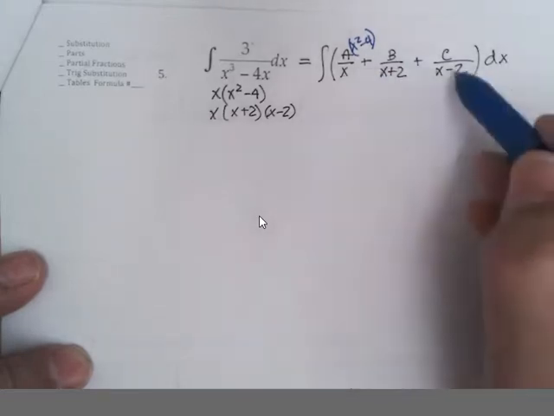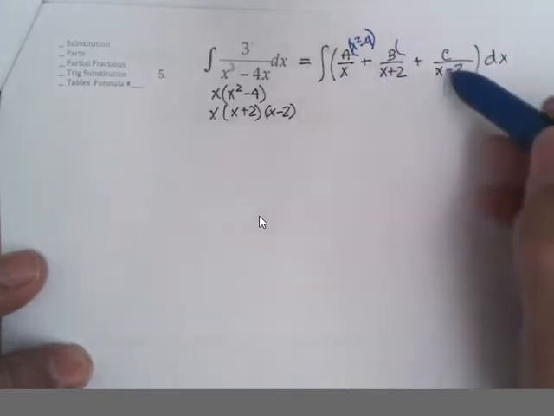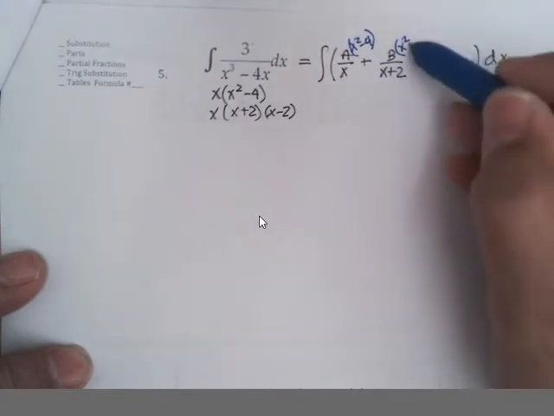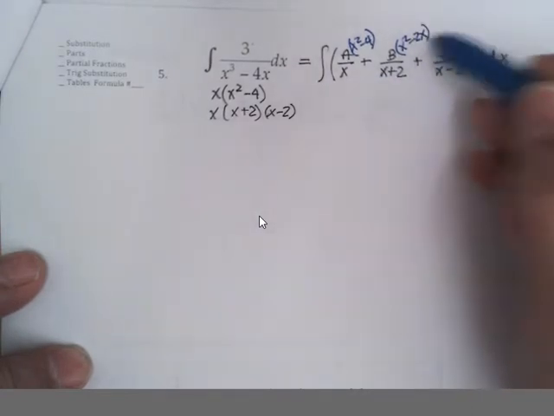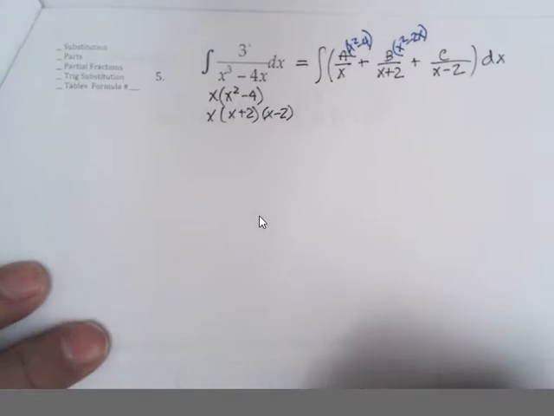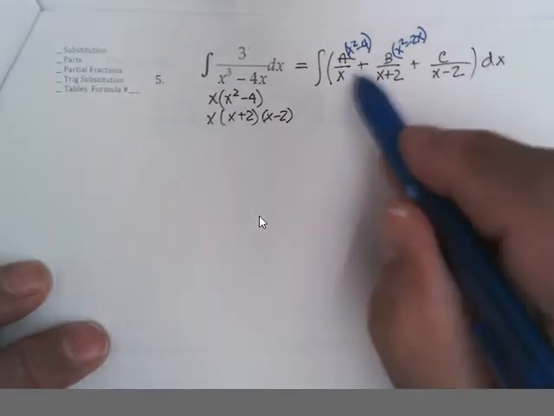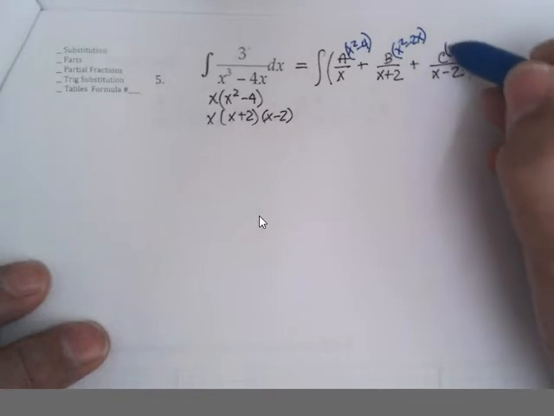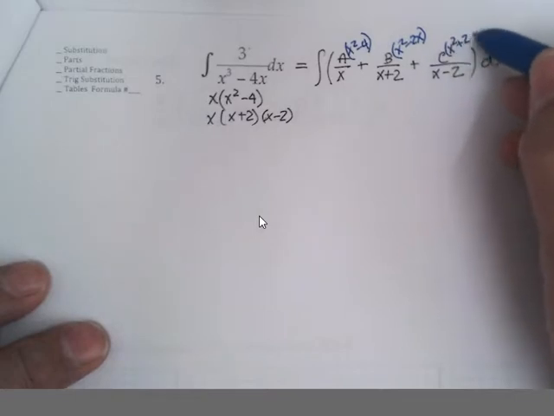So I have to multiply these two, which is x times x, x squared. X times minus 2 is negative 2x. And this one has the x minus 2, it doesn't have these two, so I have to multiply those, and that becomes x squared plus 2x.